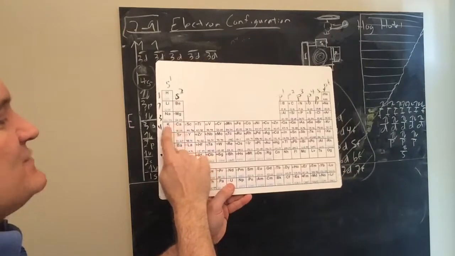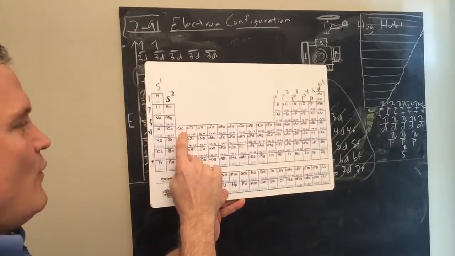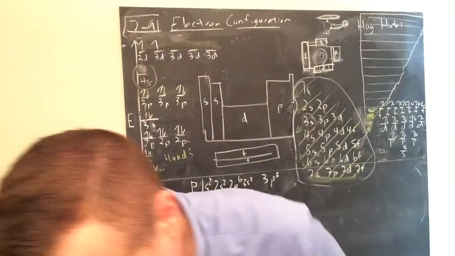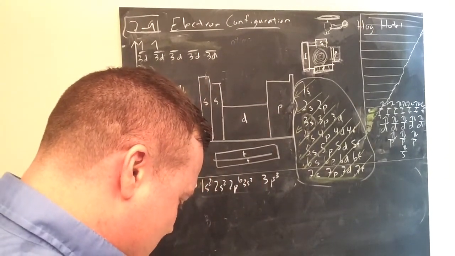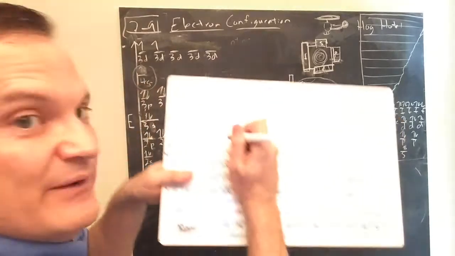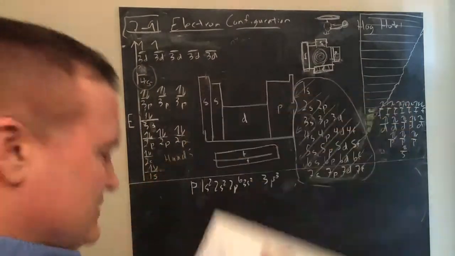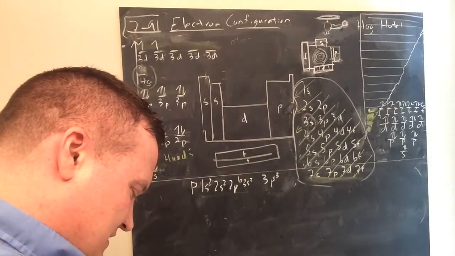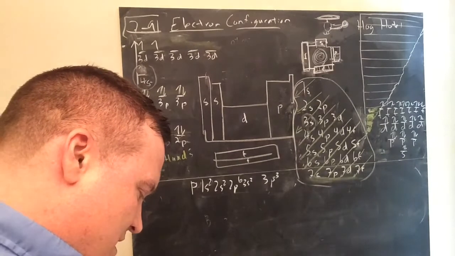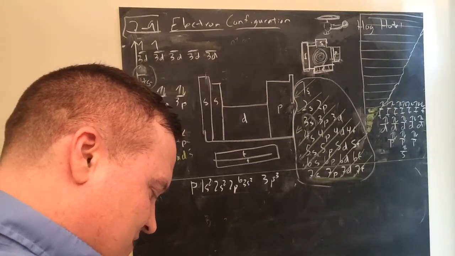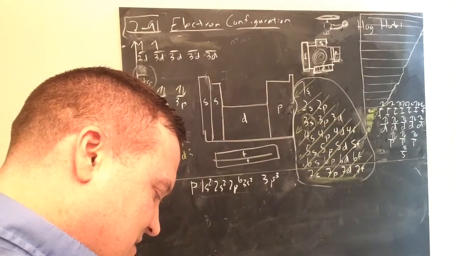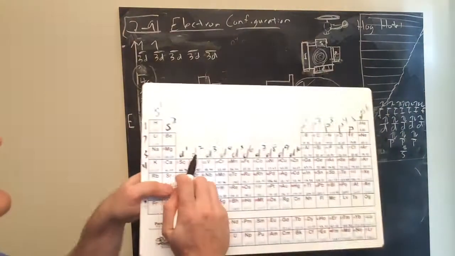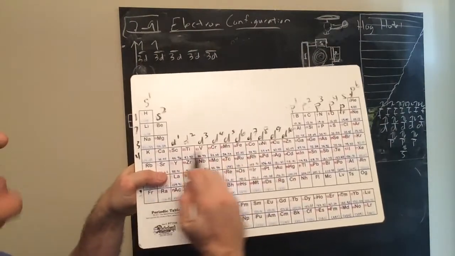So after 4s1, 4s2, that will be 3d1, 3d2, 3d3, 3d4, 3d5, 3d6, 3d7, 3d8, 3d9, 3d10. There are exactly 10 spaces right there for the D electrons.